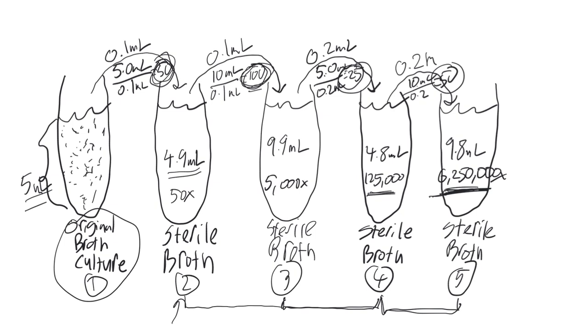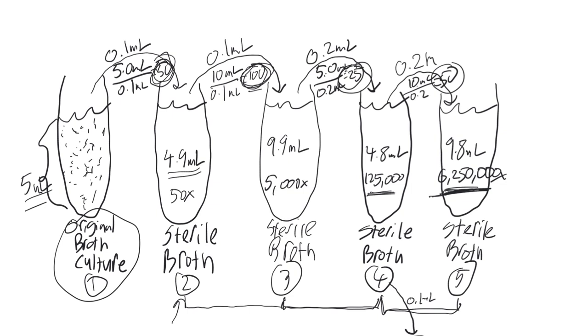Now we're going to plate out onto different agar plates. Let's say that from tube 4, we take out 0.1 mils, plate it out onto a plate.